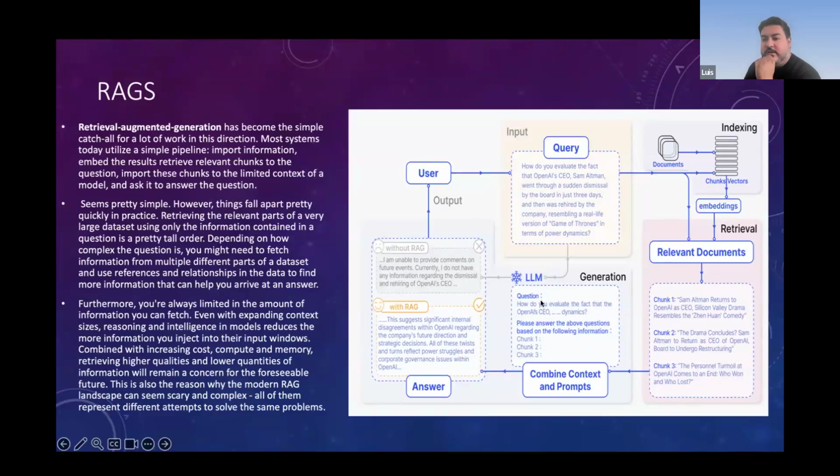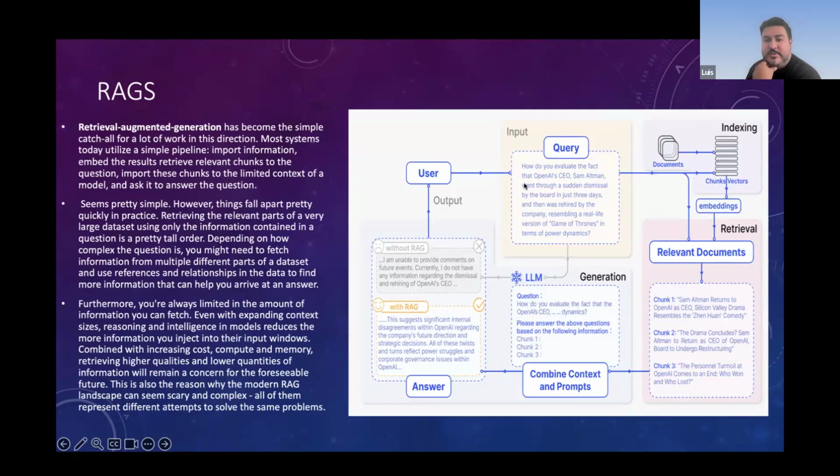Now we go back to the LLM, combining the context and the prompts. So let's say the user's question, here are the chunks. The LLM will grab this and be able to populate an answer. So with the RAG, it's able to respond to all this information. Without a RAG, it will say, I'm unable to provide comments on future events. I don't have any information regarding this.